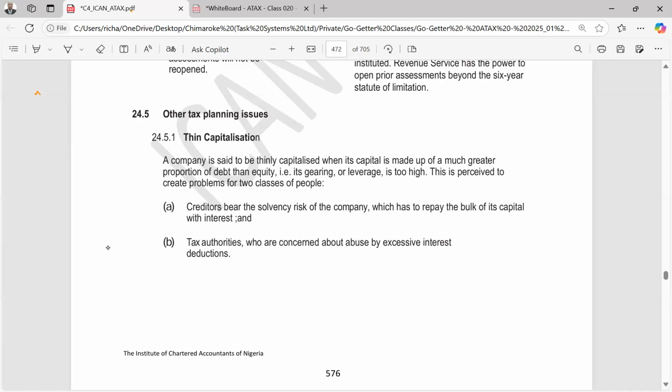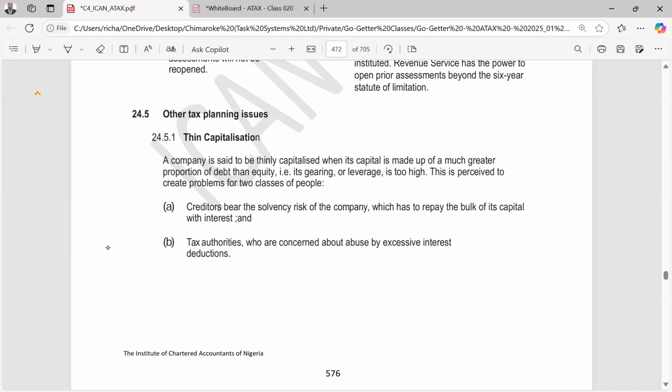Now, another problem it poses for the authorities is that the cost of debt is an allowable deduction. The cost of debt is an allowable deduction. So it means that the interest you are paying as a result of debt is going to be allowable.